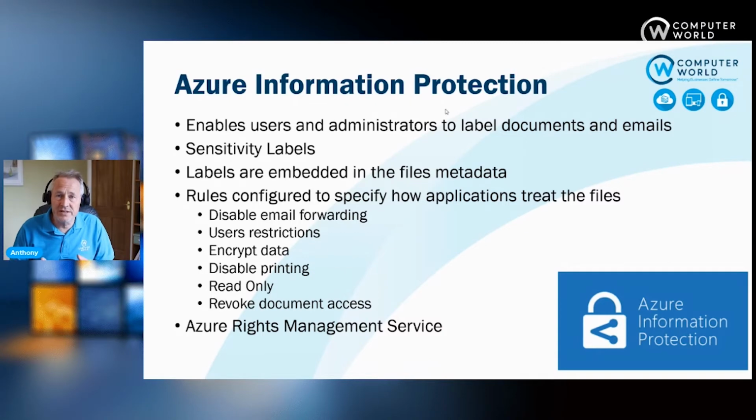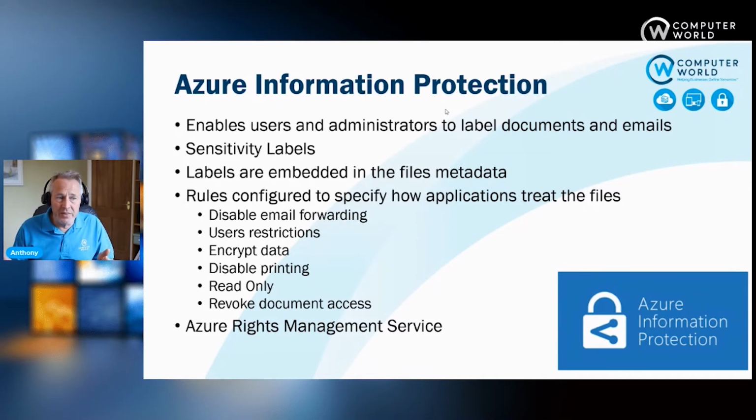So if I've sent it as highly confidential and I've sent it with a set of rules that say it can't be forwarded to anyone else, it's encrypted, you can't print it, then the applications that my user's using will also respect those things. So I've got full control over how that data can be used when it's received by a client.